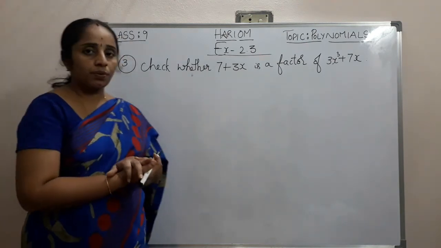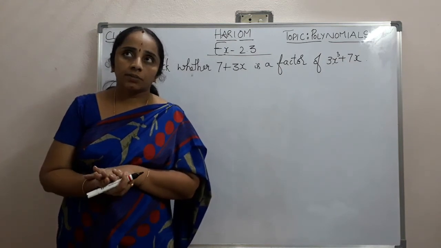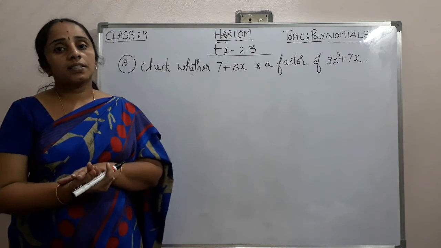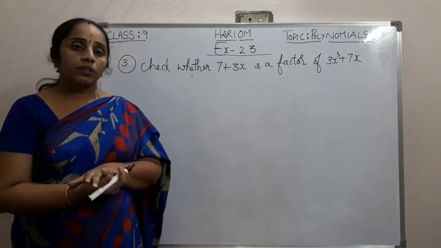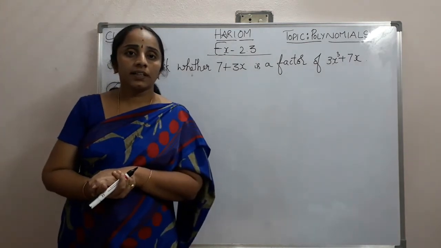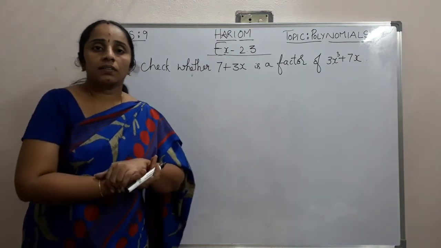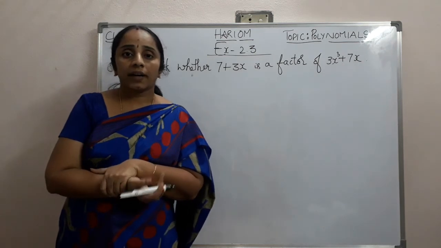In the previous problem also, when we divided by x minus 1, then only we got a remainder as 0. In all other cases we got some real numbers only. So the first one only is a factor. The other given divisors are not factors.